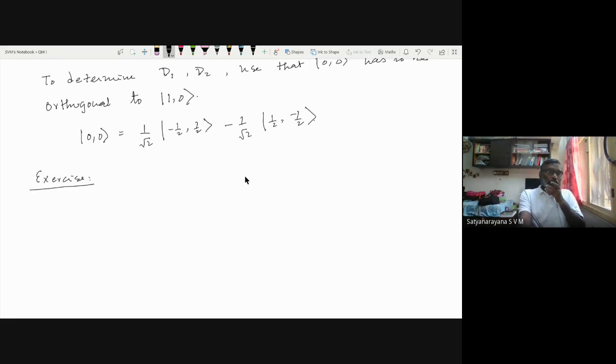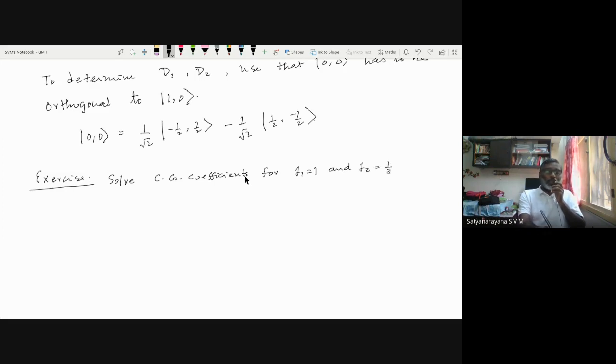Okay, so now what you do is you try to solve CG coefficients for J1 is equal to 1 and J2 is equal to half.